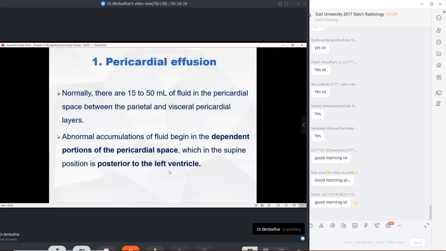But unless it is related to the pathology, I will not be discussing such anatomical relations yet. The posterior side of the left ventricle has some little extra space so that it can provide enough expansion or relaxation of the heart. So that is the more dependent area where a pericardial effusion will be accumulating.